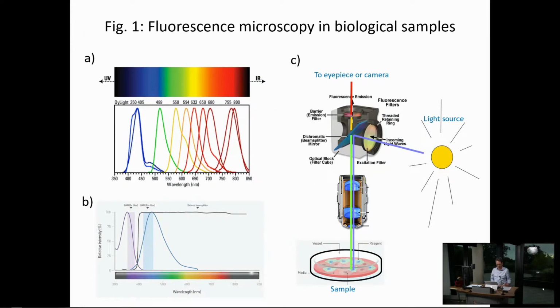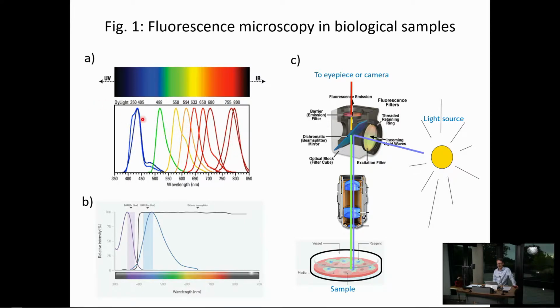Just to give you an example, on this figure 1a, you see the spectra of a number of dyes that can be used in biological imaging, and you see the emission spectra here. You see spectra ranging from the blue in the 400 nanometer range right down to the red in the 750. So this is getting towards the near infrared region.